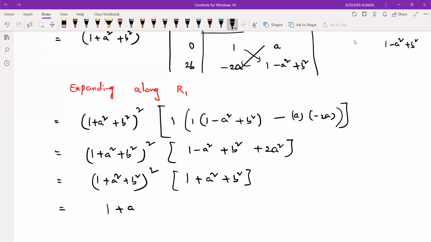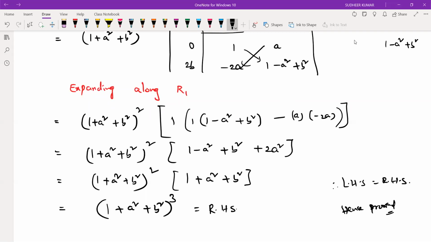It gives 1 plus a square plus b square whole cube, which equals the RHS. Therefore LHS equals RHS, hence proved. Is it clear? Yes, sir. Try it yourself while completing the notes. If you have any doubts, we'll discuss in the next class.